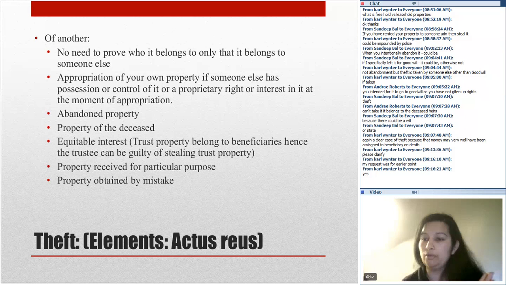Or let's say I have a grocery store. I make you the trustee of the grocery store. I say, Carl, run this grocery store, and all the proceeds from this grocery store are going to go to this bank account, and my daughter is the beneficiary.